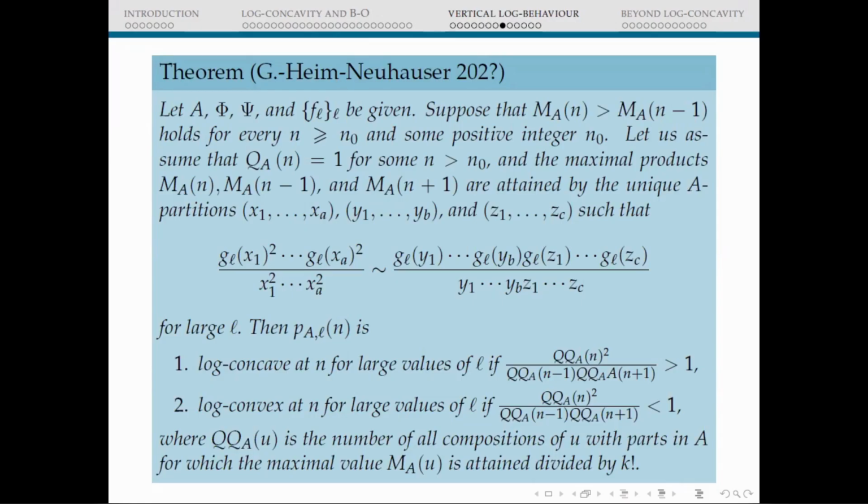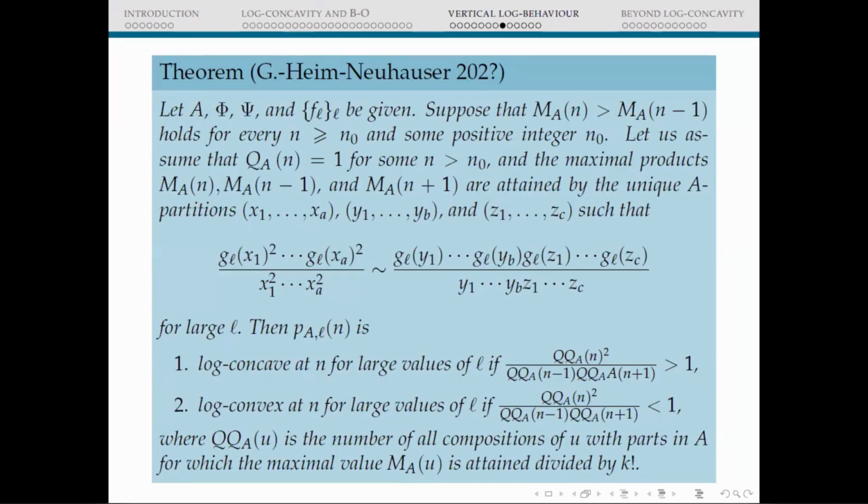As I mentioned at the beginning of my talk, the difference between composition and partition is that we care about the order of summands in sums. So this is the number of compositions for which the maximum value is attained, divided by k factorial, which means that the composition for which the maximum value is attained is of length k, so it has k parts.